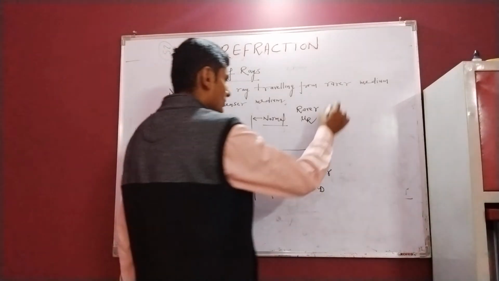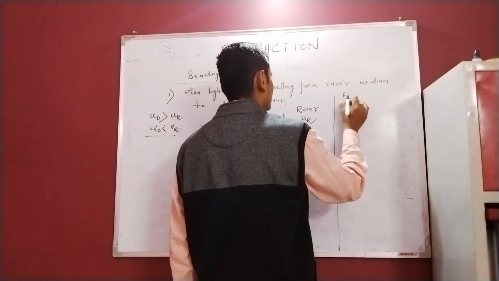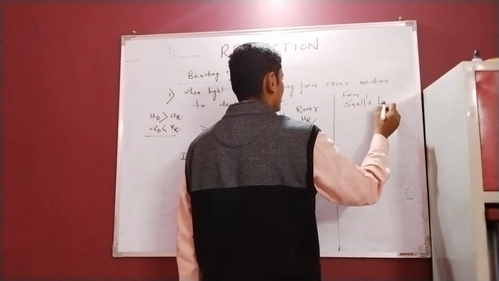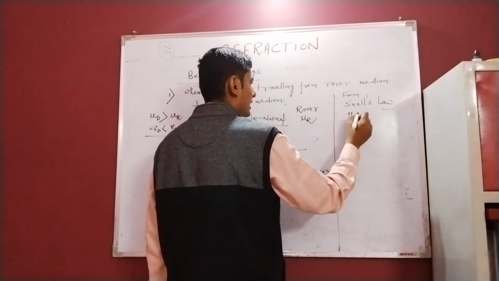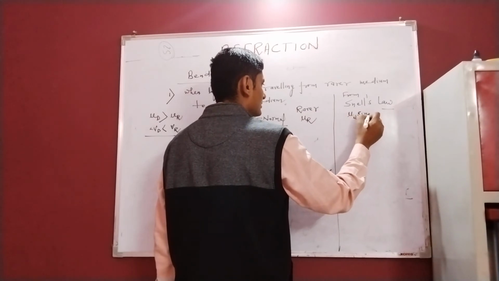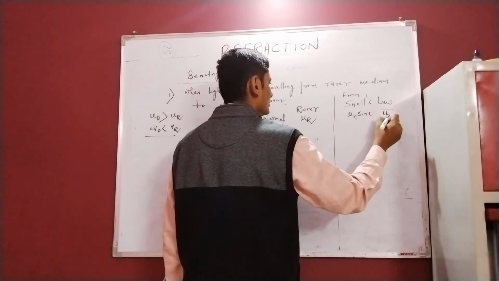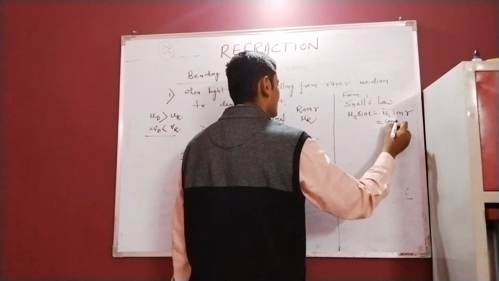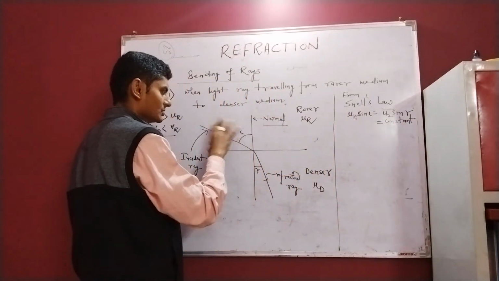So from Snell's law, what is Snell's law? mu1 sin I is equal to mu2 sin R, and this is equal to a constant. We are applying Snell's law for these mediums.